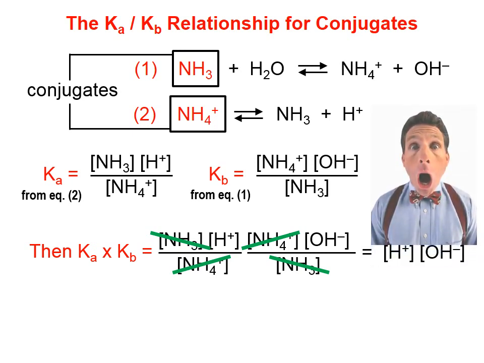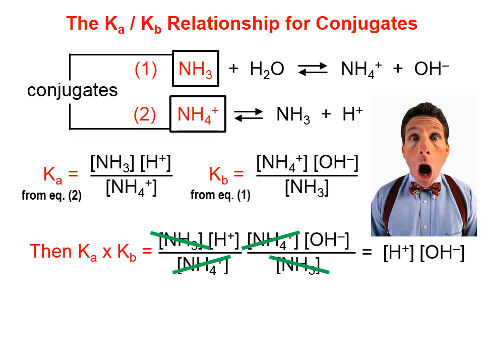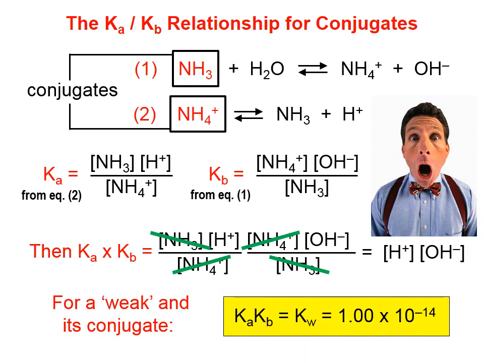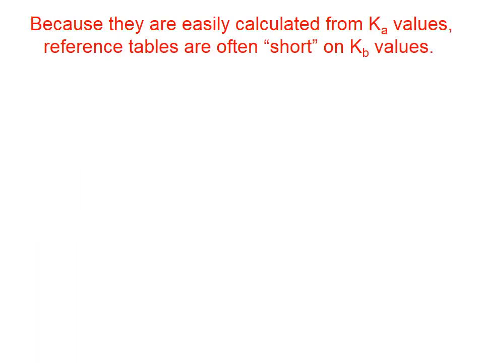That was one of the first things that we ran into when we started talking about acids and bases and calculations related to them: that the product of the hydrogen ion and the hydroxide ion concentrations at 25 degrees Celsius was a constant, 1 times 10 to the negative 14th. So, at that temperature, the Ka times the Kb also equals that same constant.